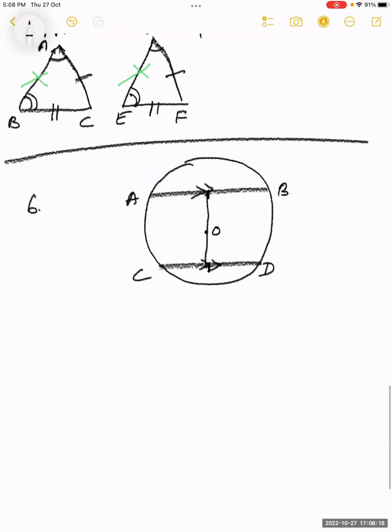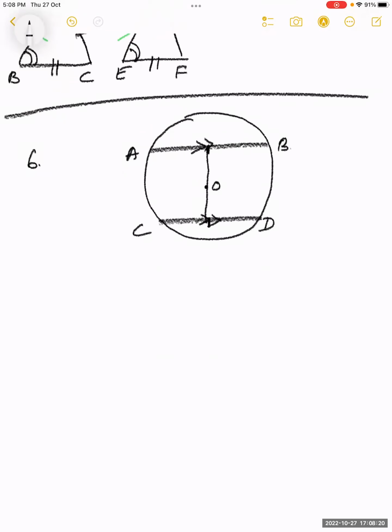Here, we need to do some construction. We will mark the midpoints as P and Q. Let the midpoint of AB be P and midpoint of CD be Q. Here we are not saying AB and CD are equal. Nowhere have they mentioned it. Just that AB and CD are parallel. That's all. Now you join OP and OQ.